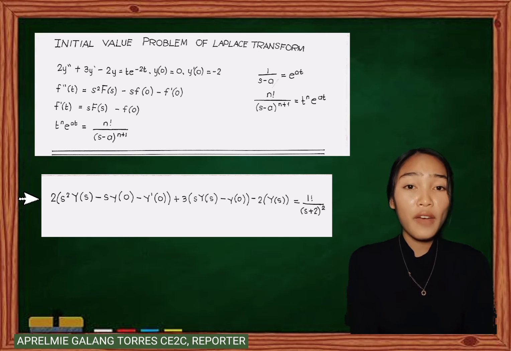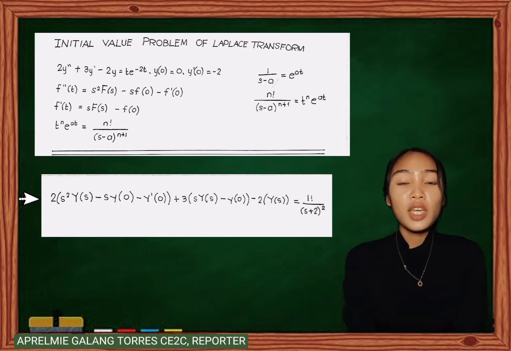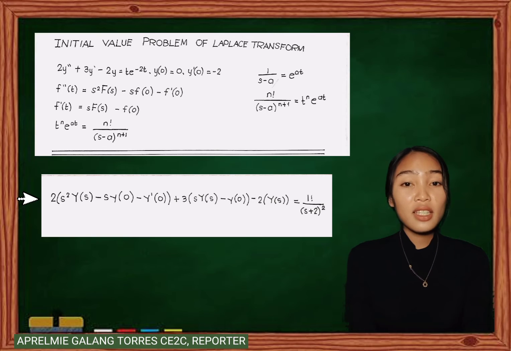But since our function is in terms of y instead of f, we're going to use Y of s in place of F of s. So s squared times Y of s minus s times y of 0, with lowercase y because we switch to lowercase, minus y prime of 0.